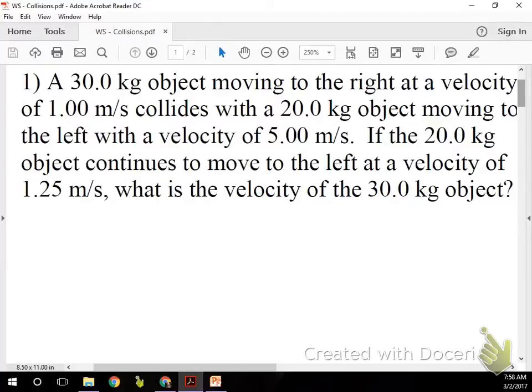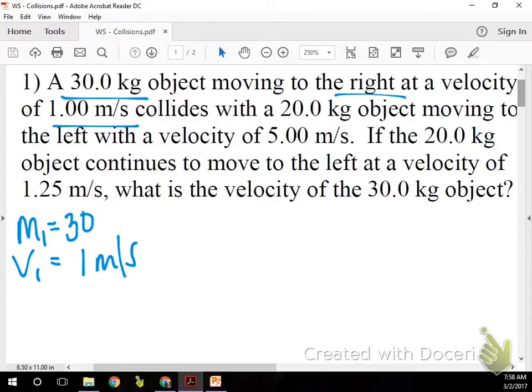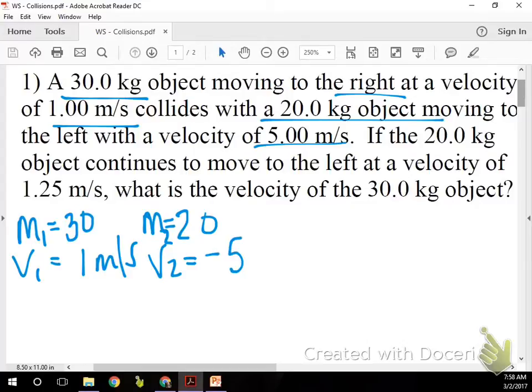So let's go ahead and start writing down what we have here. M1 is 30, V1 equals to the right, so that's a positive 1 meter per second. It collides with a 20 kilogram object moving to the left, so M2 would be 20 and V2 would be negative 5, okay, because it's moving to the left.